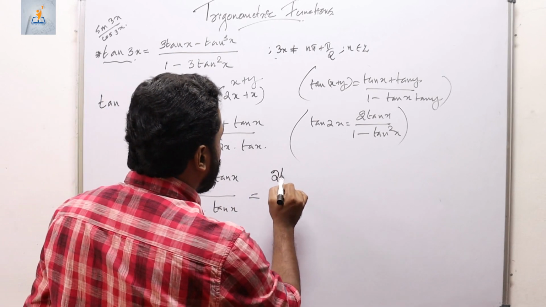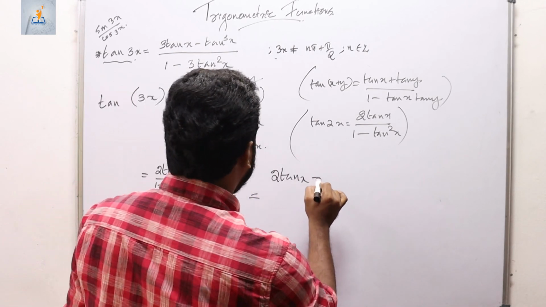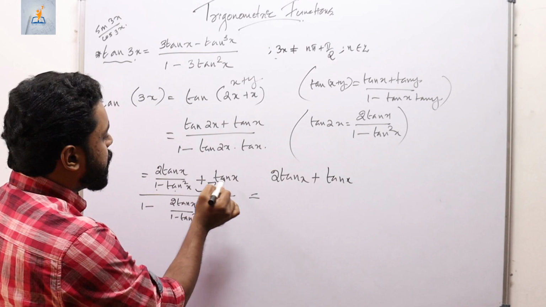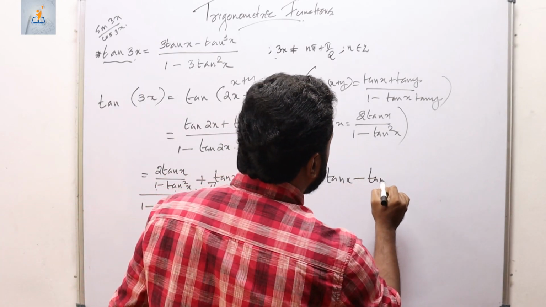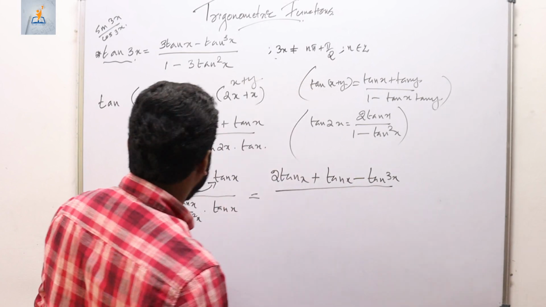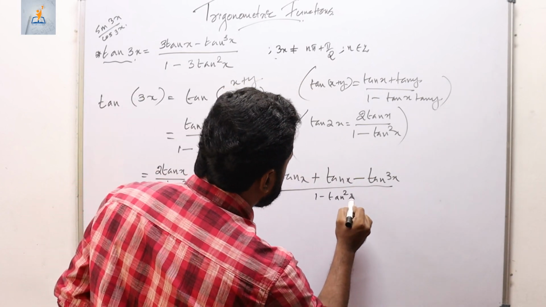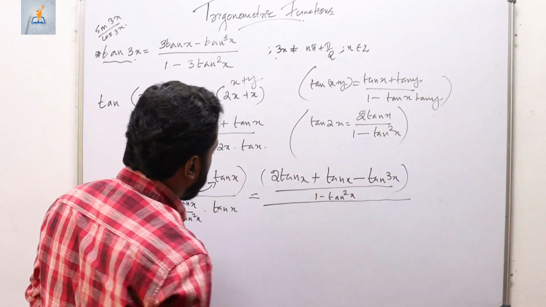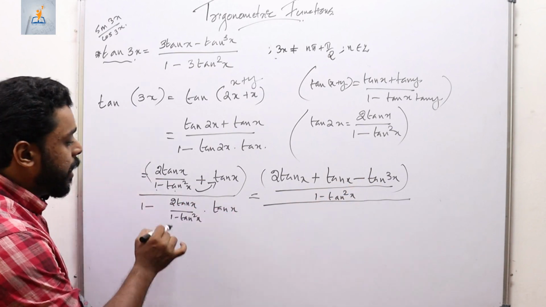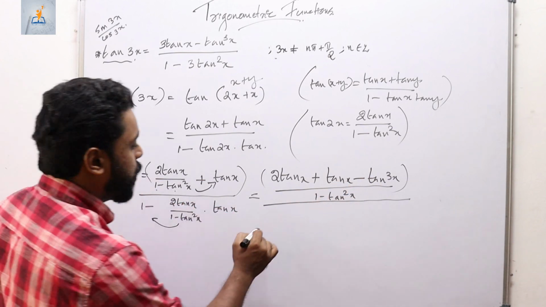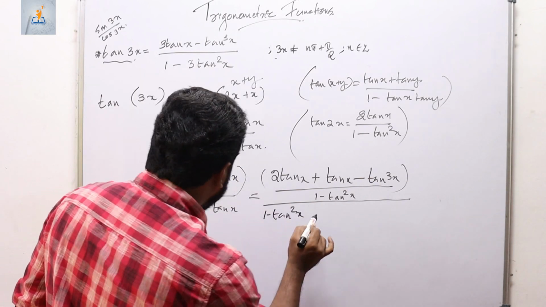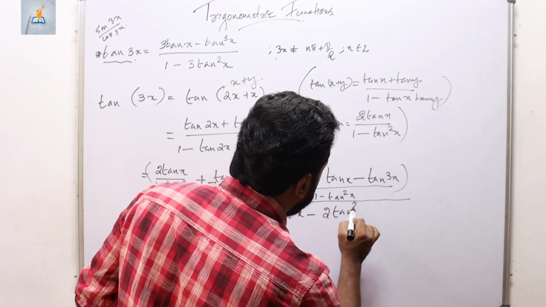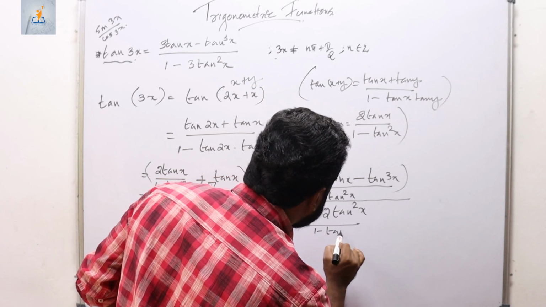So it will become 2 tan x plus 1 minus tan square x into tan x, which is equal to 3 tan x minus tan cube x, whole divided by 1 minus tan square x. Again we are going to cross multiply the denominator. It will become 1 minus tan square x minus 2 tan x into tan x, which is equal to 1 minus 3 tan square x, whole divided by again 1 minus tan square x.